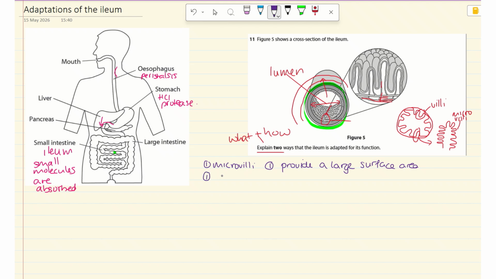Another adaptation, thin walls. Okay, the walls of the villi are very thin. Why is that a good idea? To shorten the distance for molecules to travel.